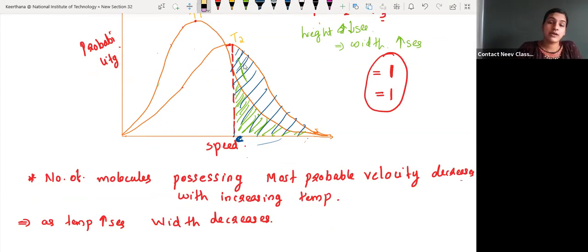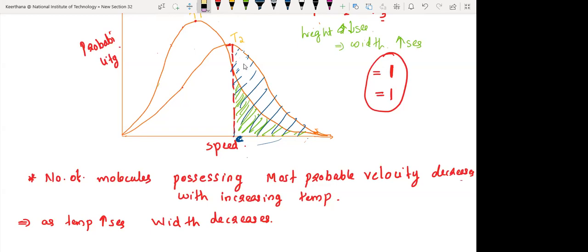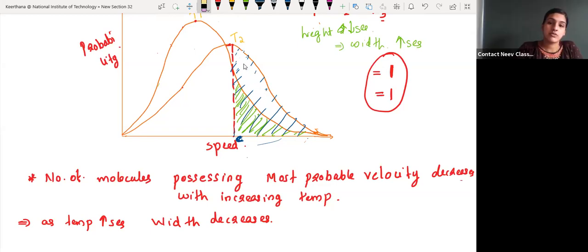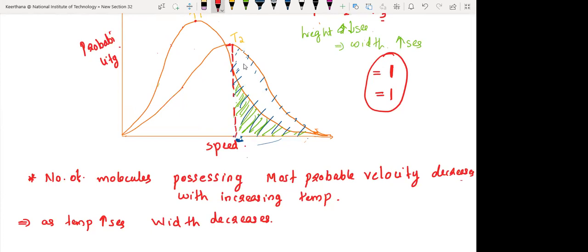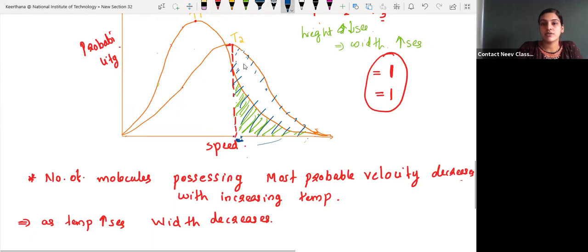Yes, the two curves' total area is the same. Total area will not change. I'm talking about the area after this point. Is it the same? It looks like the same. So I thought you were asking about the total area. The shaded area, which one is greater?